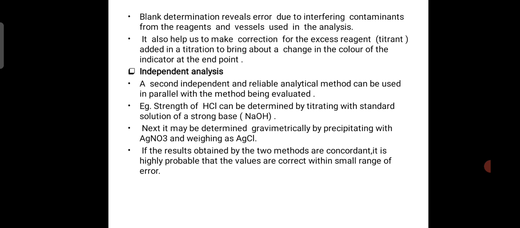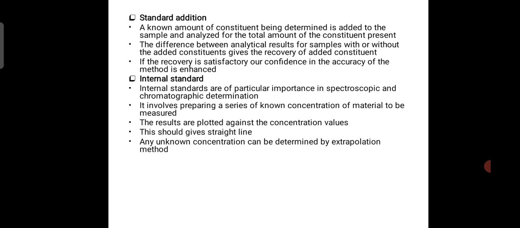First I go with titration, then I go to the gravimetric method, then I'll compare the two results. If the results agree, then my method is good. If any error comes, it means my method is wrong.